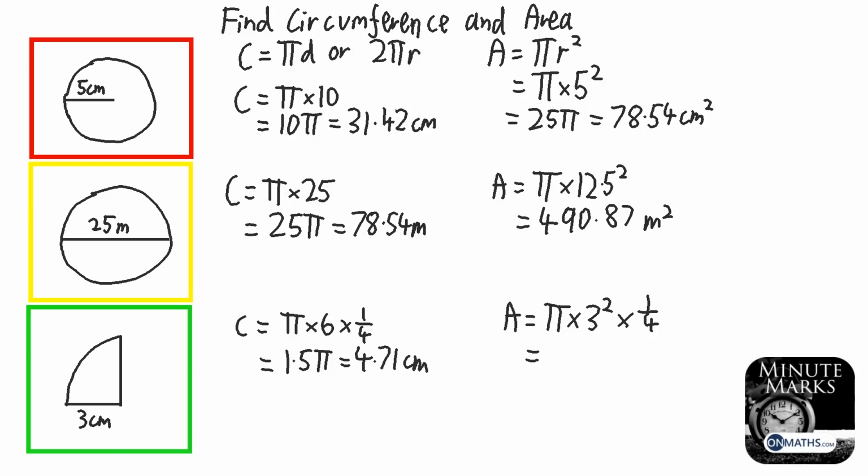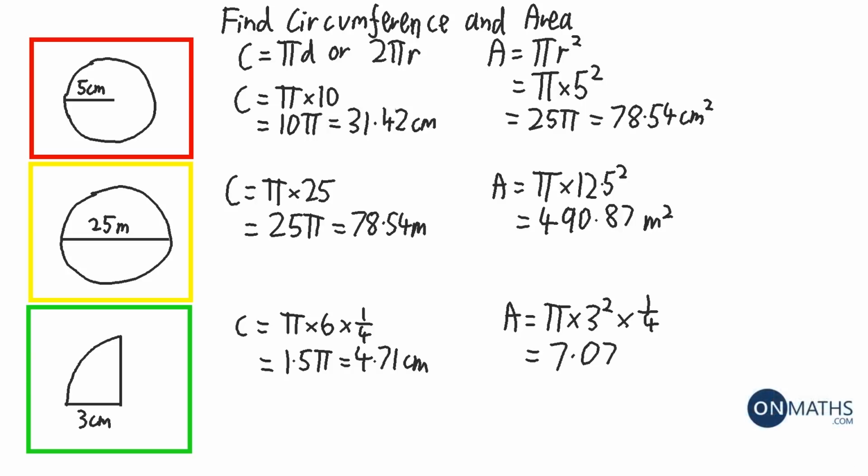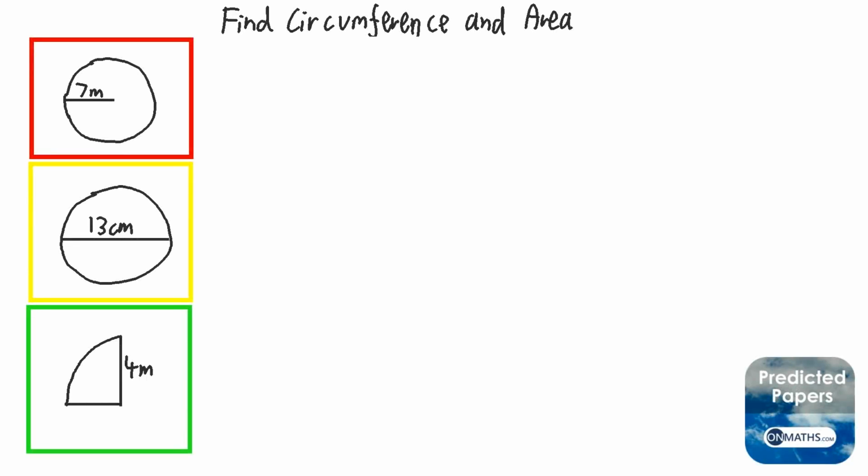So pi times 3 squared times a quarter, and it's 7.07 centimeters squared, or in terms of pi it would be 2¼ pi. Okay, have a go.